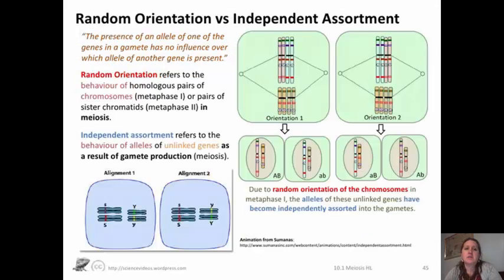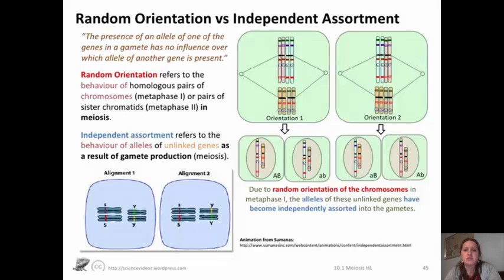All right, so also we have an idea of random orientation versus independent assortment. Random orientation, we talked about a little bit with how they behave in metaphase 1, how they line up, or how the sister chromatids are arranged in metaphase 2 in meiosis. Independent assortment is going to refer to the behavior of the alleles.